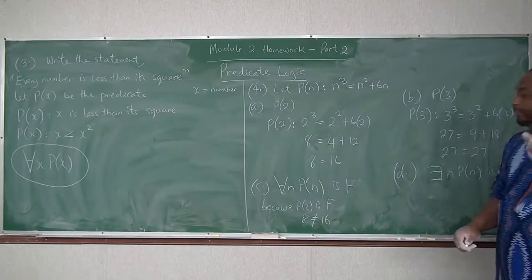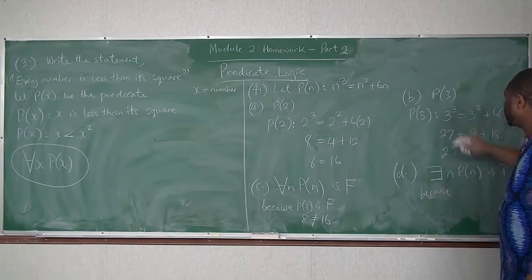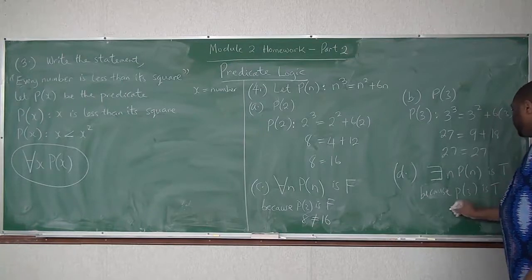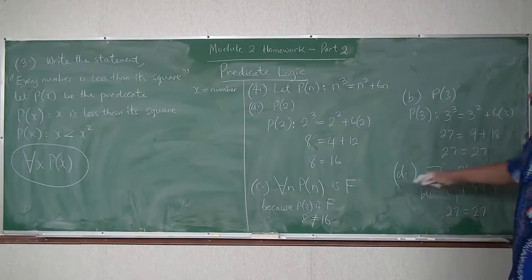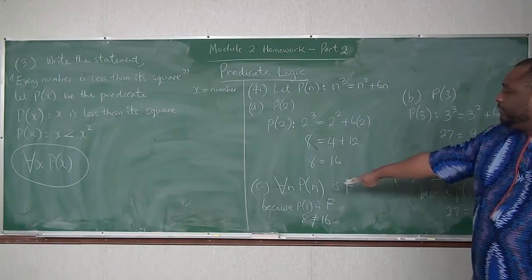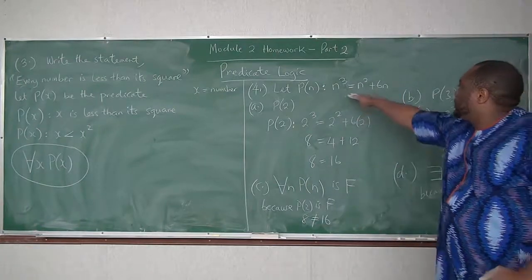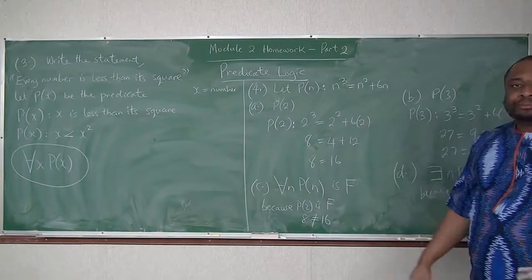Why? Because we see that it worked. P of 3 is true: 27 is equal to 27. This is an existential quantifier. This is a universal quantifier. You can't say for all n this rule is true, because it didn't work for P of 2.